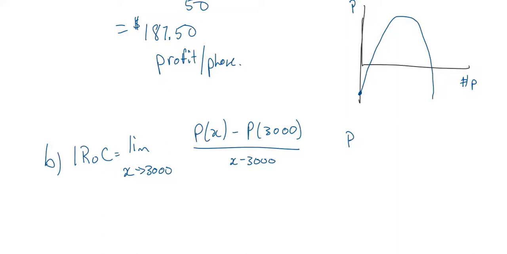So again, we need P at 3000 in order to do this. And it works out to 120,000. What is that?